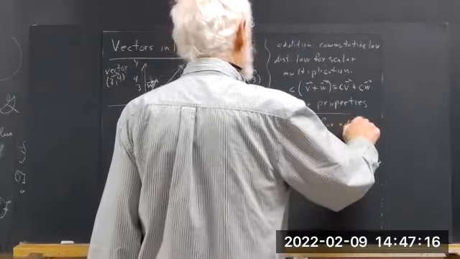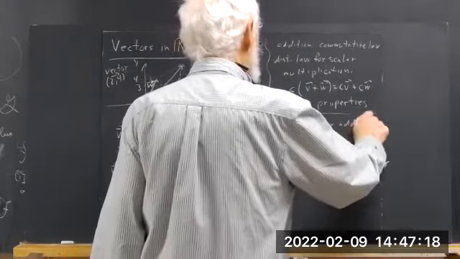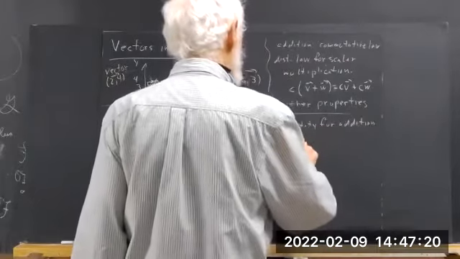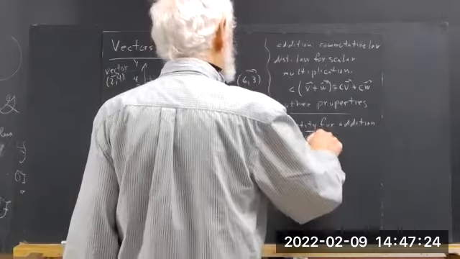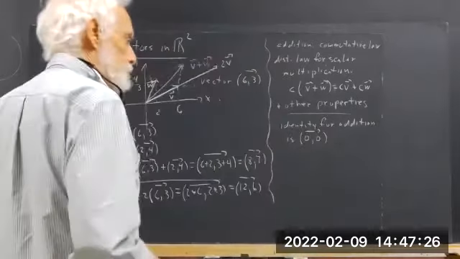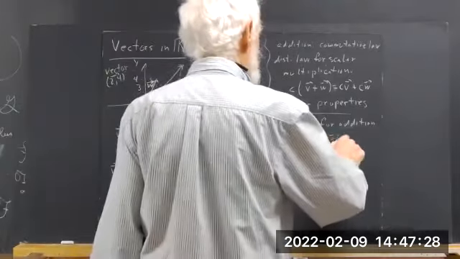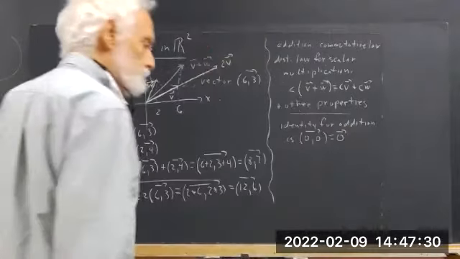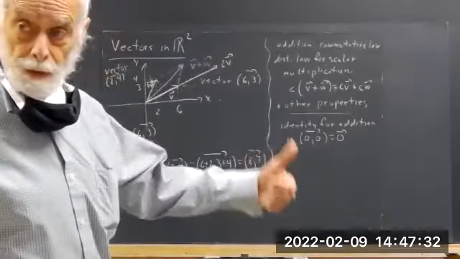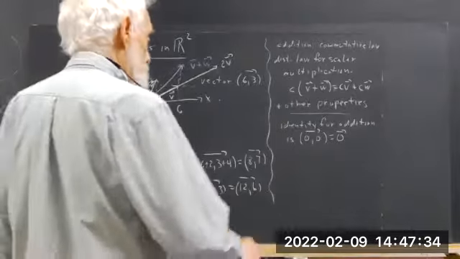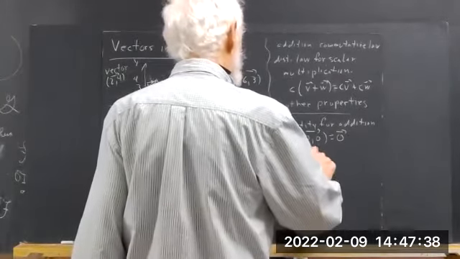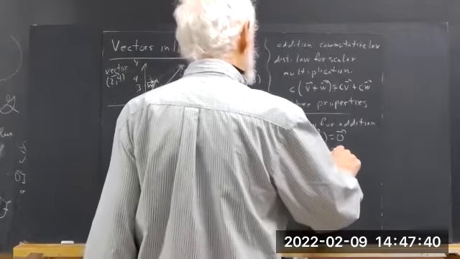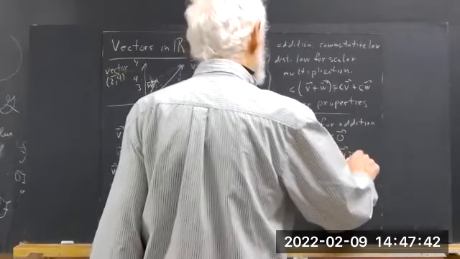The identity for addition is the zero vector. We'll write that as a zero with an arrow over it, meaning the zero vector. What's an identity? Well, it says that V plus 0 equals 0 plus V equals V.